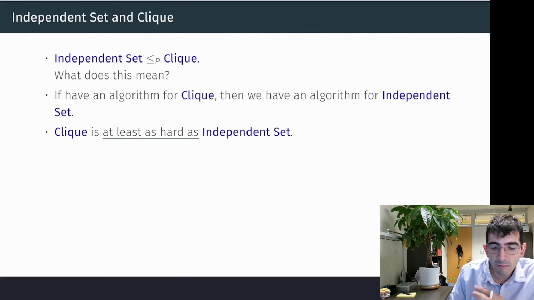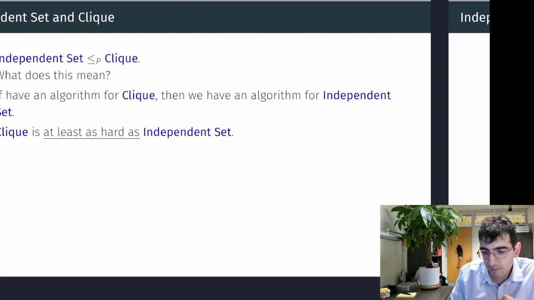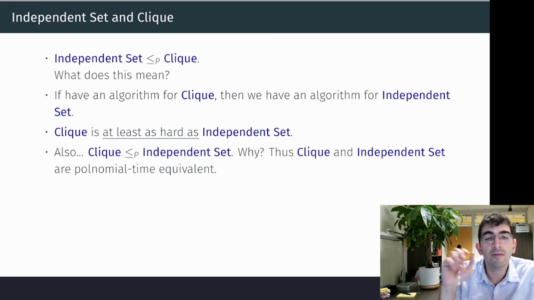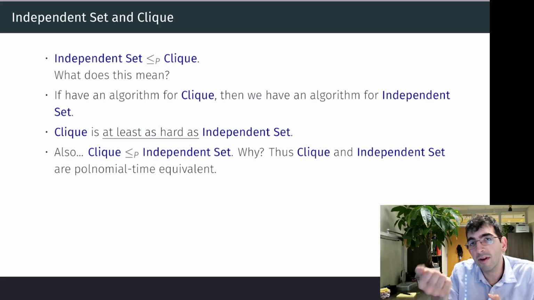And in this particular case, independent set is also at least as hard as clique, because the reduction could be reversed very simply. Okay, there is a reduction in the other way. But that's not always the case. You have to be very, very careful with this.